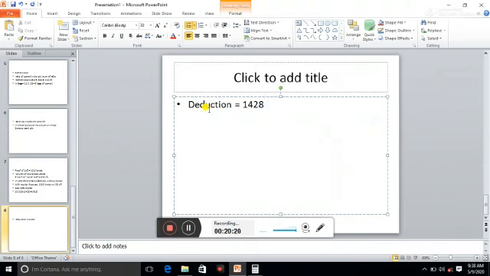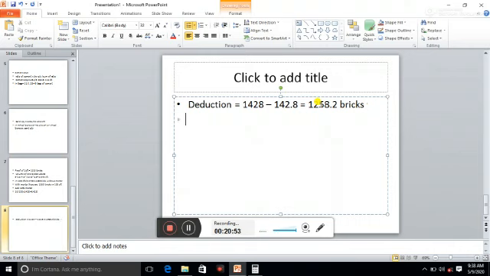So 1428 minus 142.8 will give the answer 1258.2 bricks.